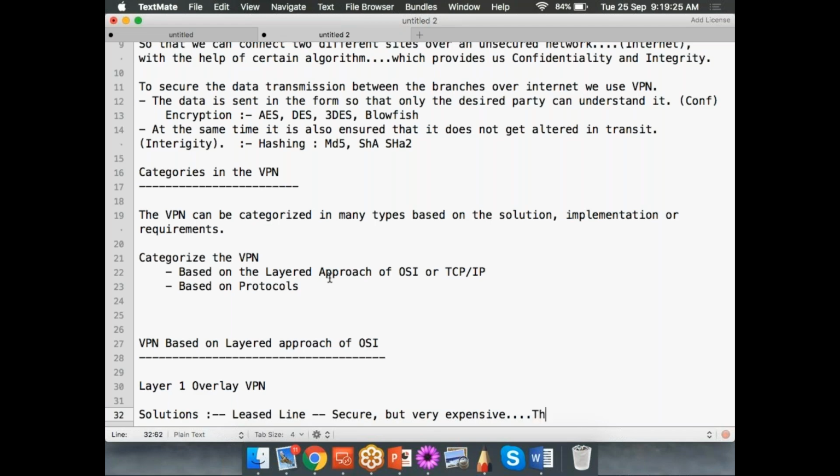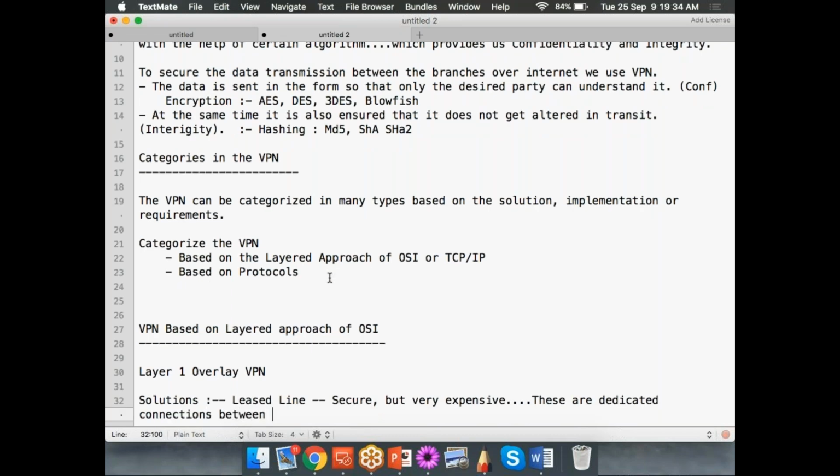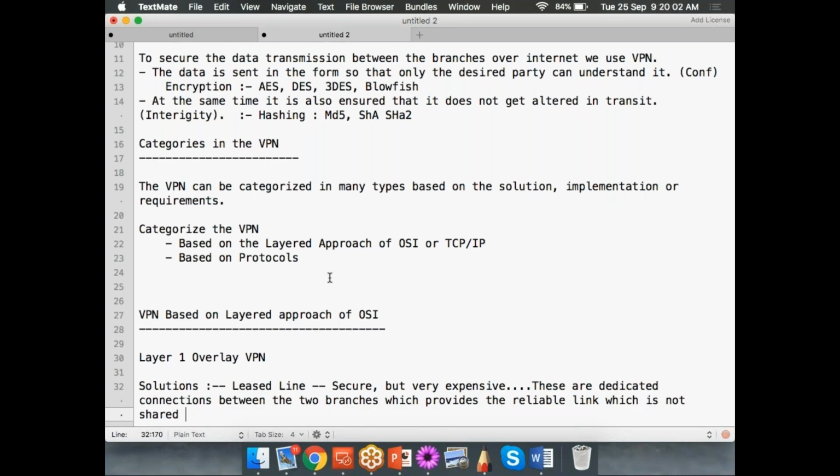So these are dedicated connections between the two branches, which provides a reliable link, which is not, sorry for typos, which is not shared with anyone else.